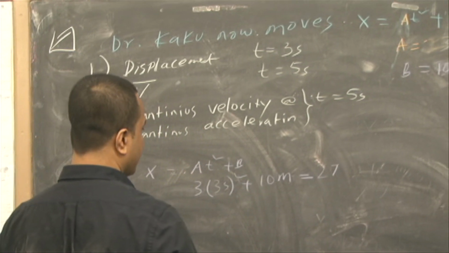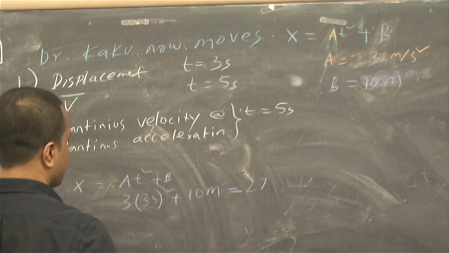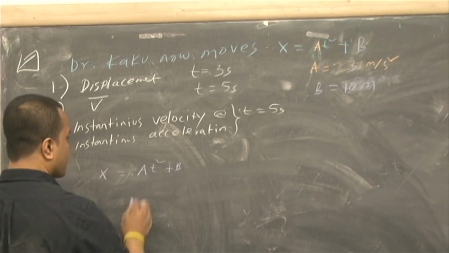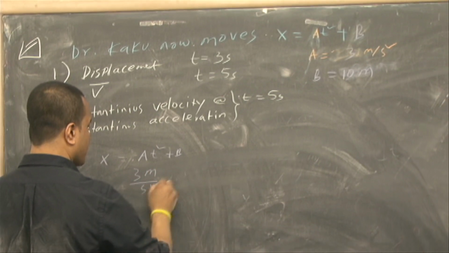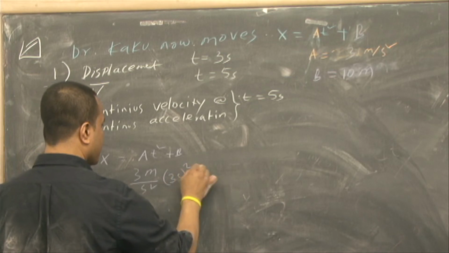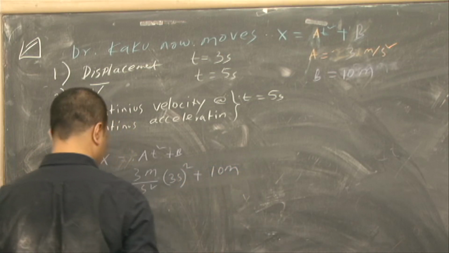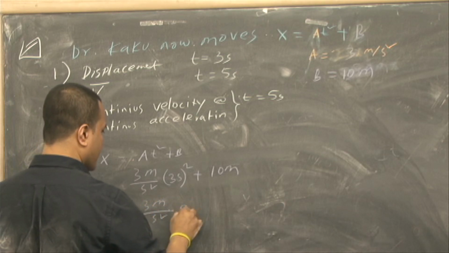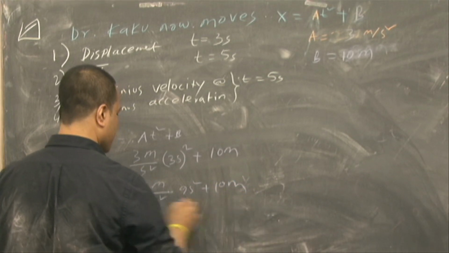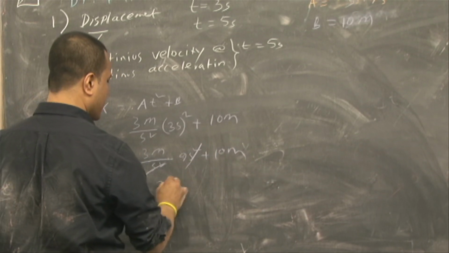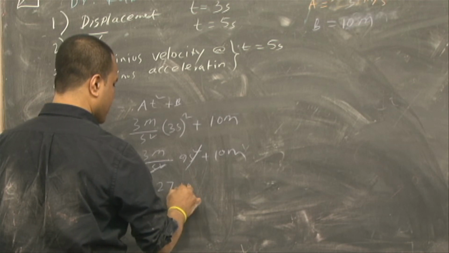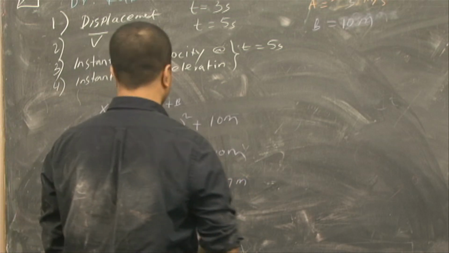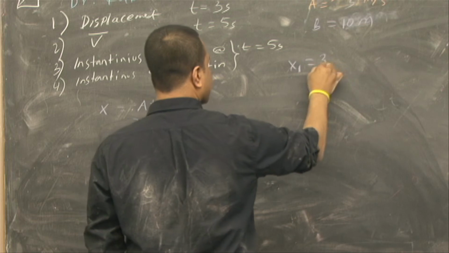Okay, 27. 3 meter per second square times 9 second square plus 10 meters. So second square cancel, 27 meter plus 10 meters, so 37 meters. Okay, so x1 is 37 meters.